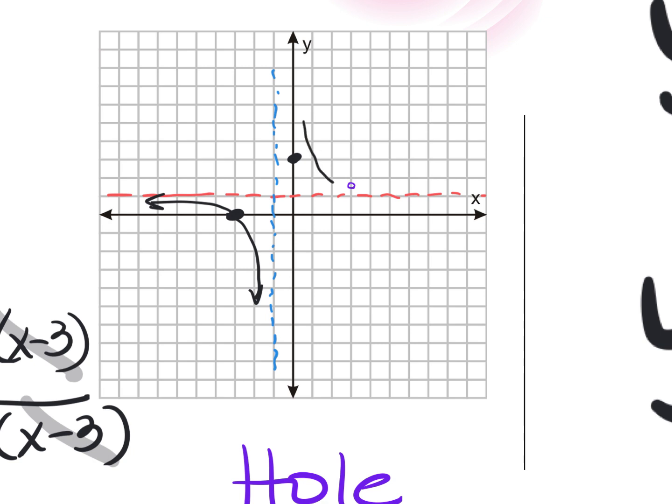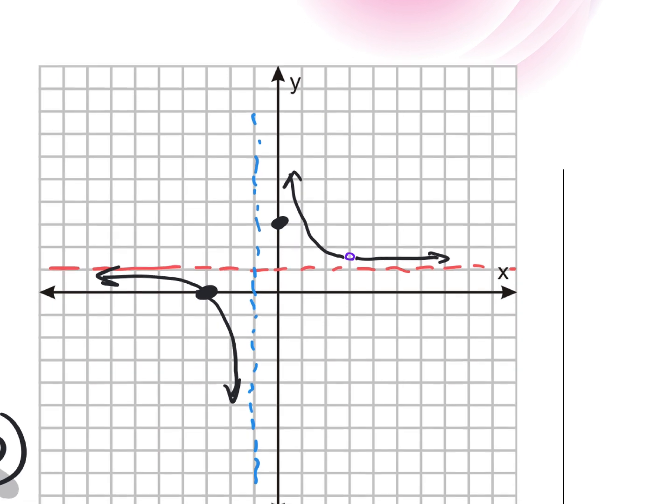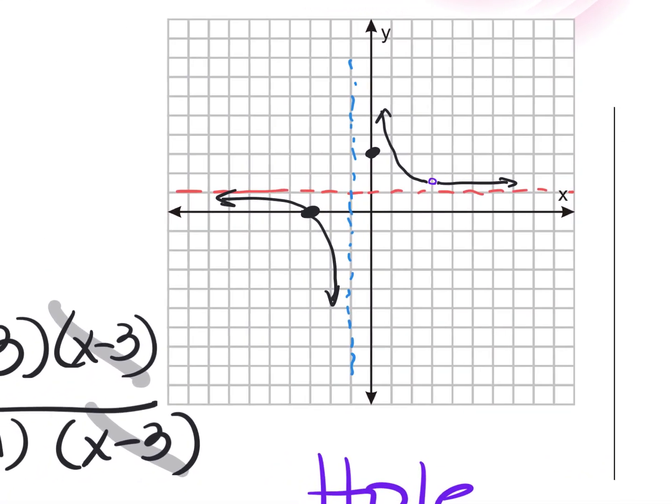And then here, do not make the graph go through the hole. So you see how I stopped it on either side of the hole. So these additional points are going to tell you where these boomerang shapes are going to be in relation to your horizontal and your vertical asymptote.